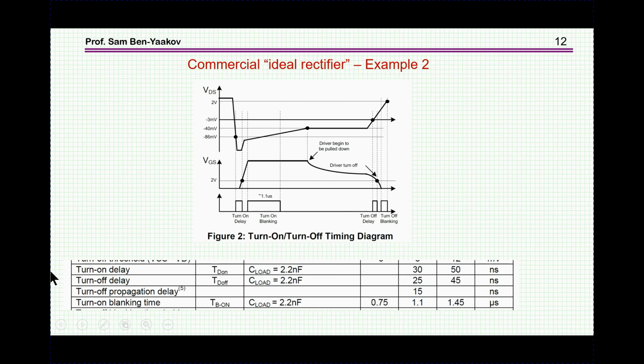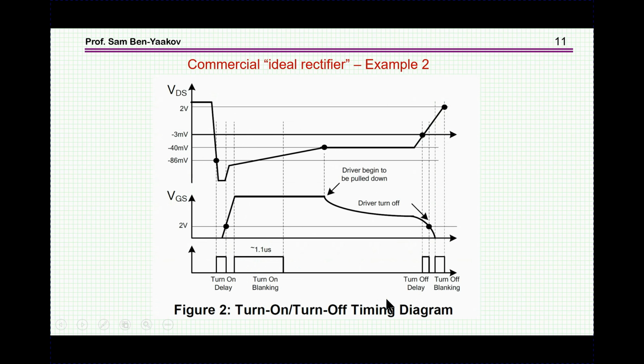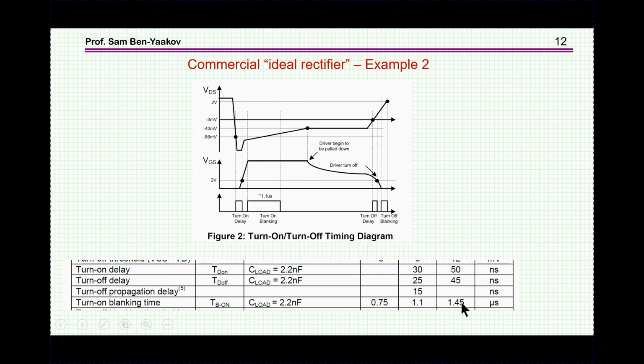And here's the information from the datasheet, and we can see that the turn on delay is typically 30 nanosecond up to 50 nanosecond, and the turn off delay is the same order of magnitude, 25 nanosecond to 45. This is compatible with a fast diode, not a very fast diode.